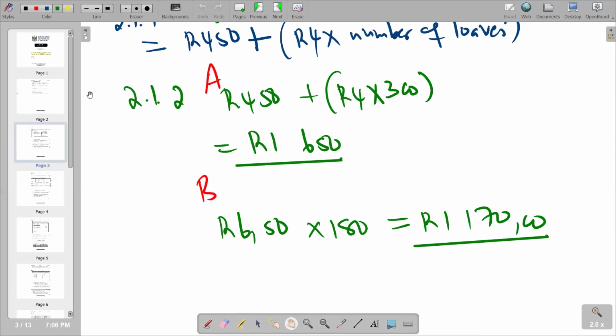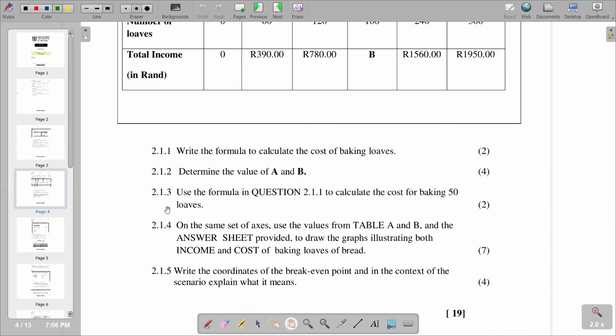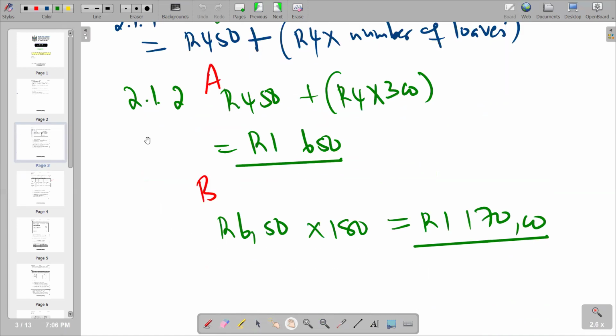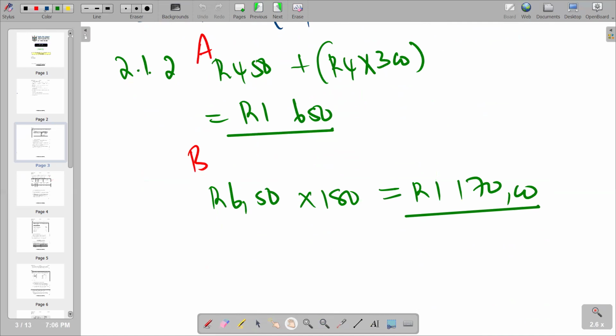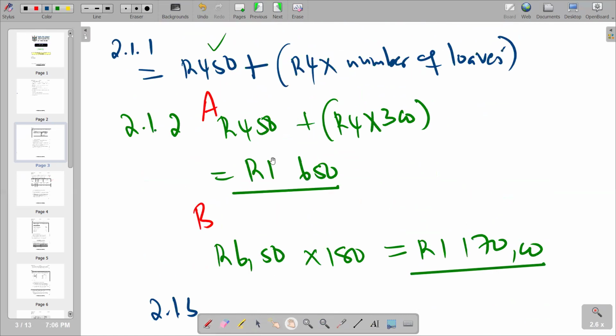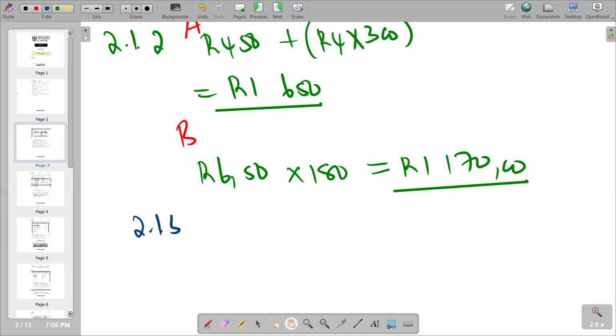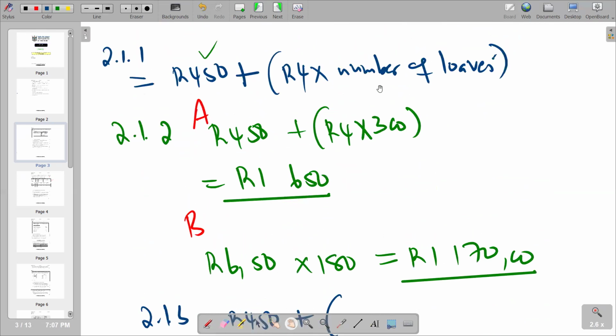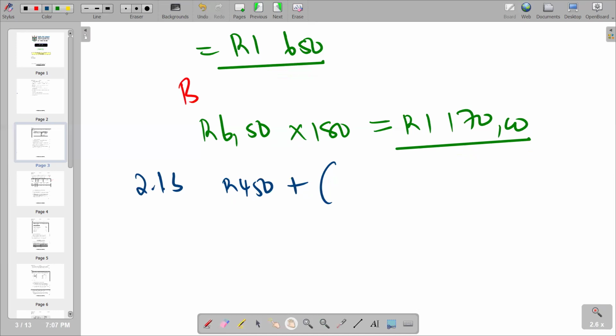So for 2.1.3, we have 450 rands plus, in brackets, 4 rand times number of loaves. That is the formula to find the cost.